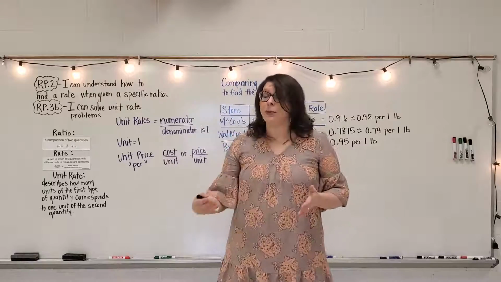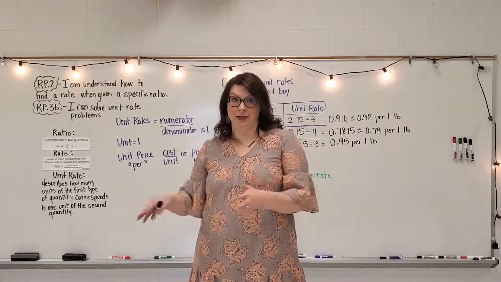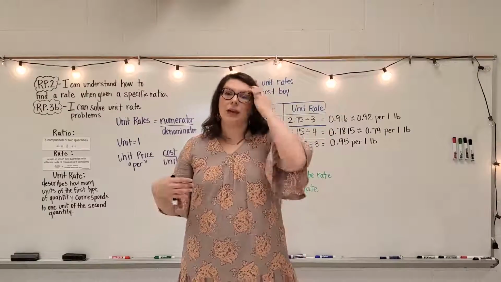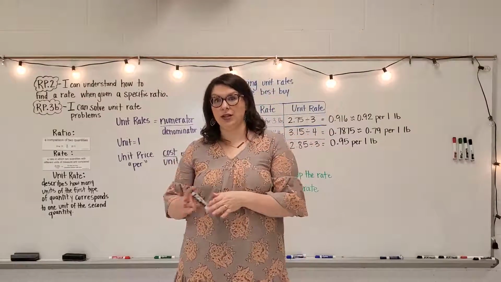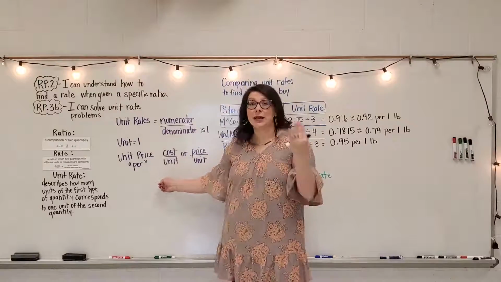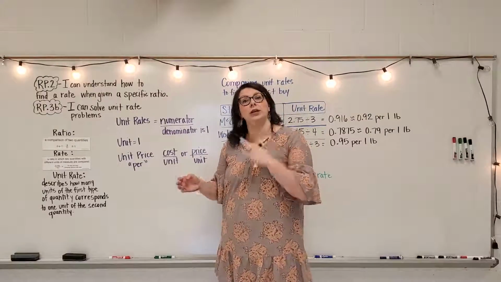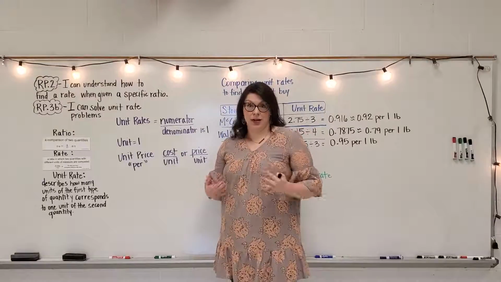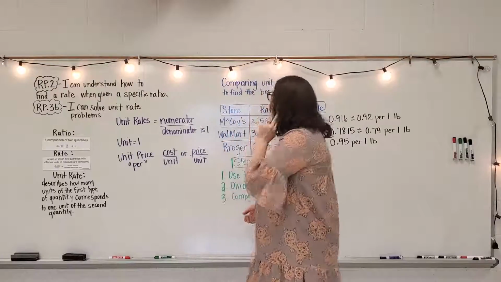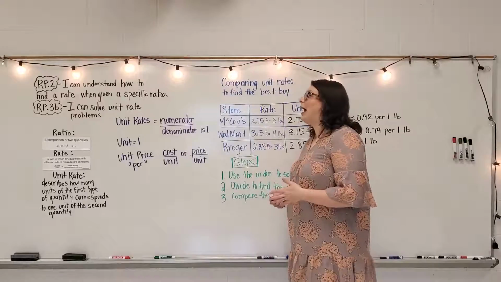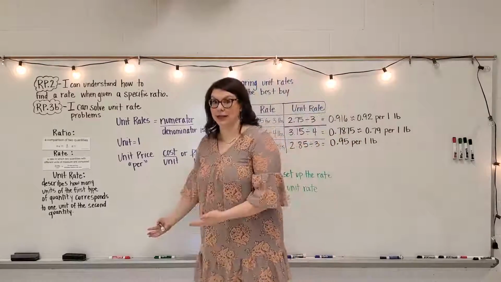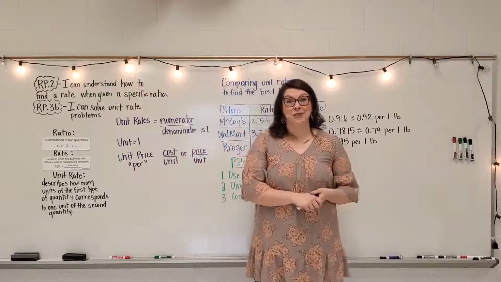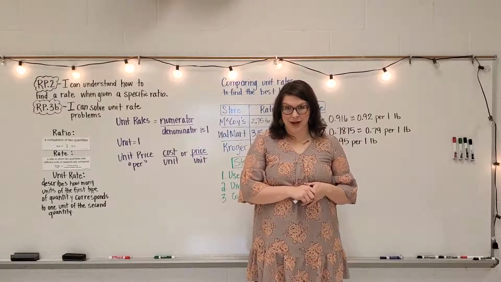And a unit of measurement can be lots of different things, like a pound or a mile or a second, because we have different units of measure. So when I say unit, that can be lots of things. But we use the word per as we are talking about these rates, okay? So let's talk about how we use unit rates to find the best buy in real life situations, okay?